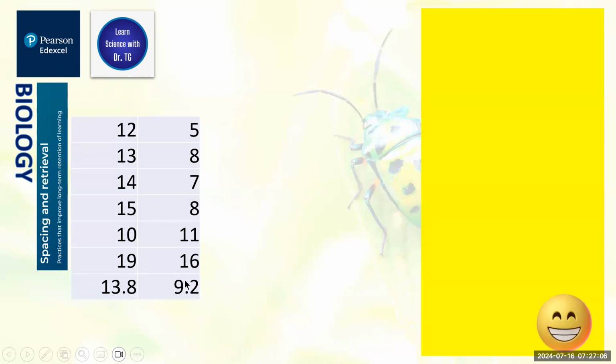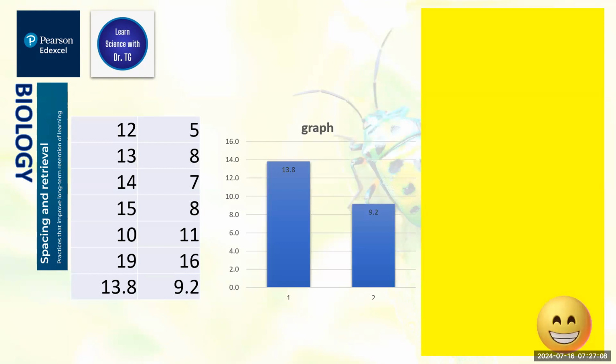Then the standard way is we plot a bar graph using this mean value. You can see here the first column, 13.8, is higher, and the second column, the bar, is 9.2. There is a reduction. So let's assume in our experiment we expect a reduction. It could be a medicine.